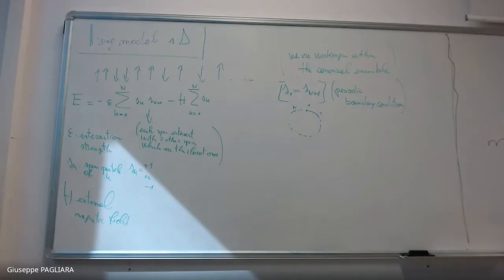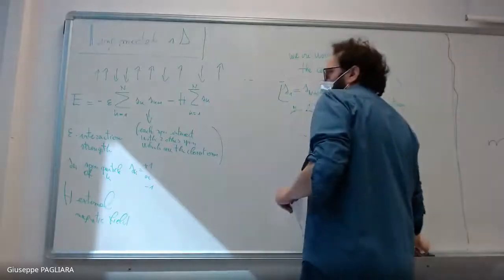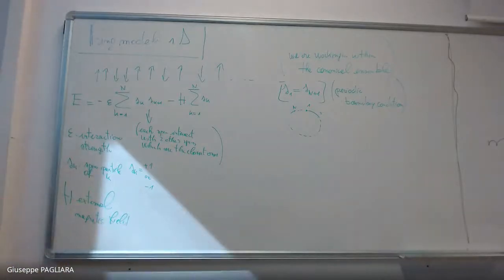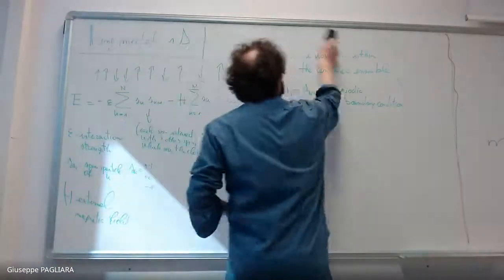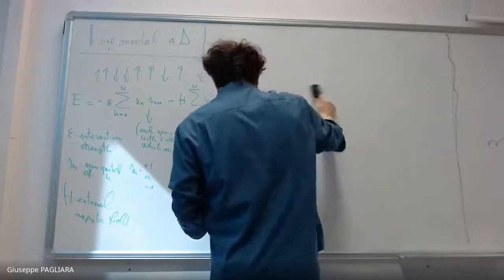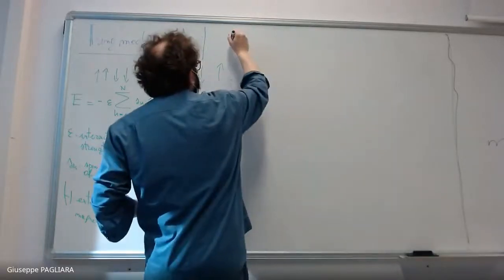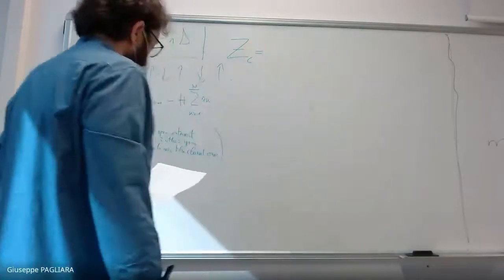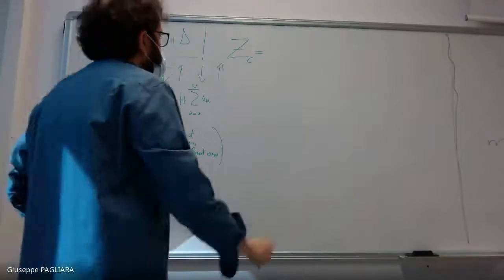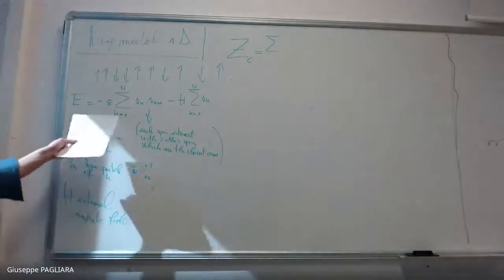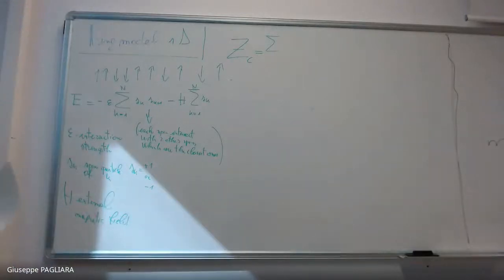Now the energy, or the Hamiltonian, is this one. Then we can write down the canonical partition function, and I will do it here. The canonical partition function will be made of several sums, where we are summing over the values of S_1, S_2, S_3, and S_n.